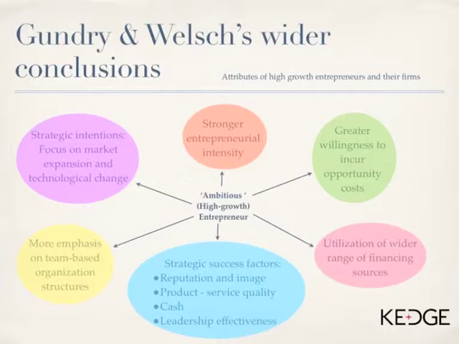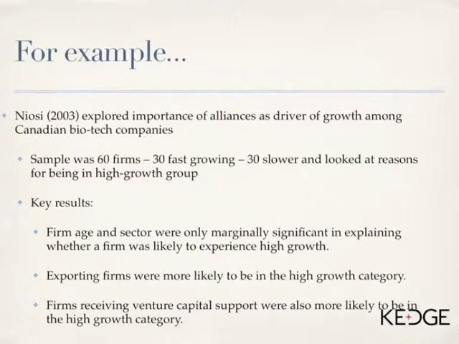They emphasise more team-building organisational structures when developing and establishing their firms. And they also utilise a wider range of financing sources. But there are also strategic success factors involved here as well. The reputation and image of the firm is very important, product service quality, and the amount of cash that's in the firm is also important, as is the leadership effectiveness.